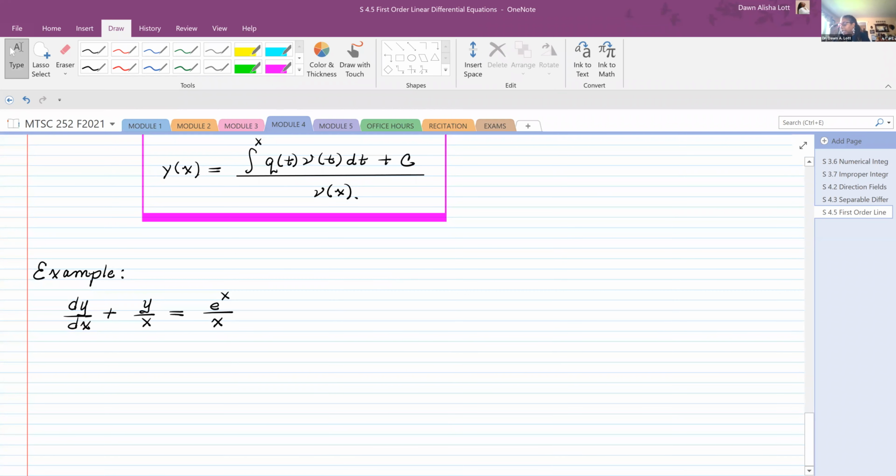So now I can write this as dy dx plus 1 over x times y is equal to e to the x over x. So now as I'm looking at this, what is p? 1 over x. And what is q?